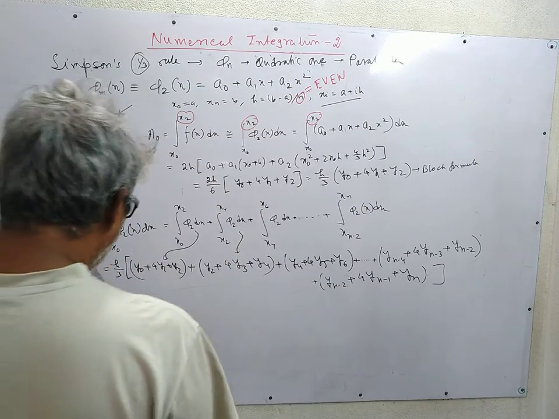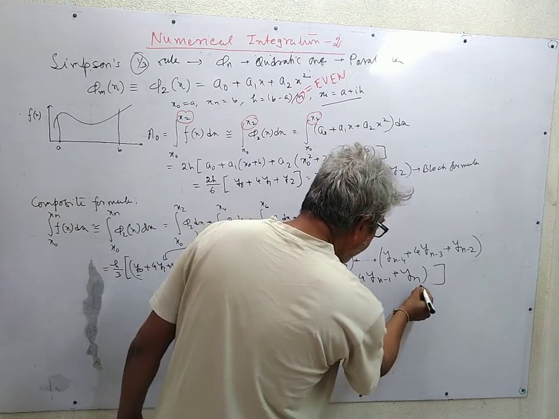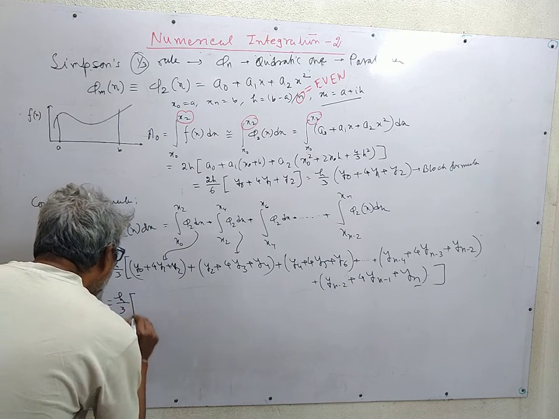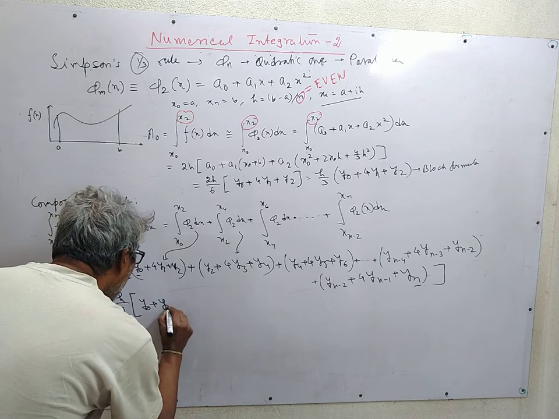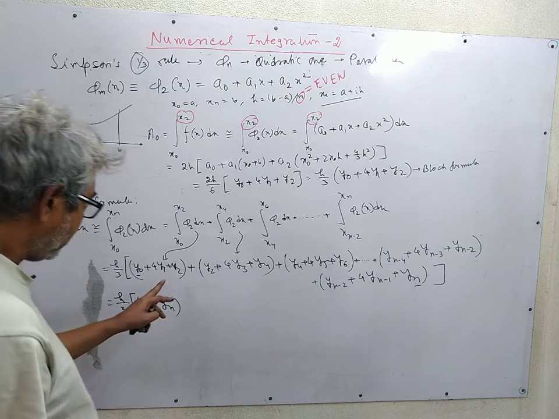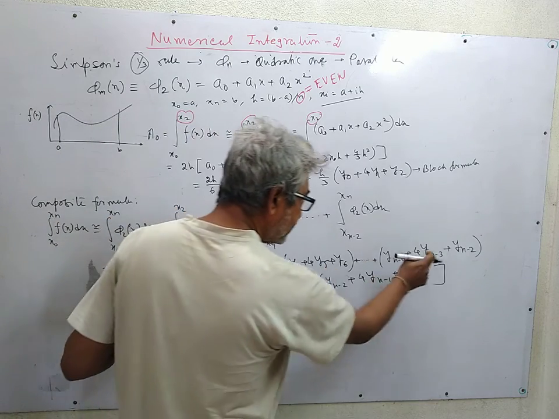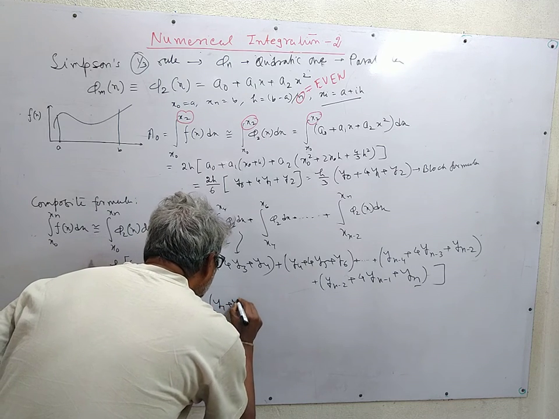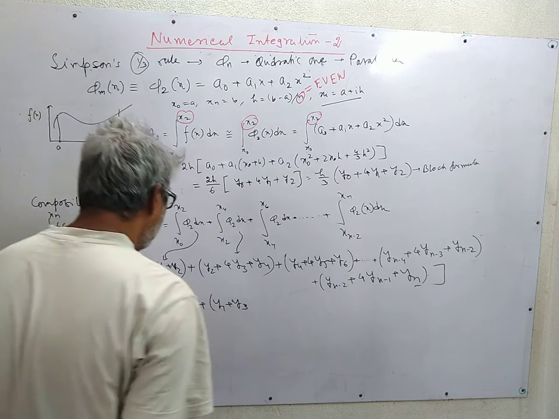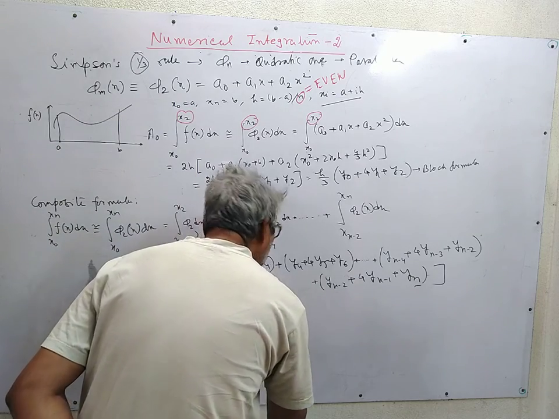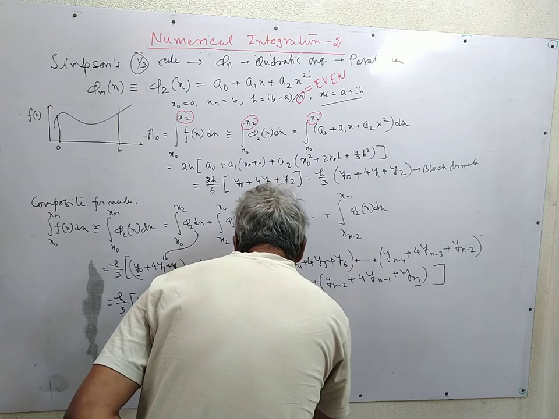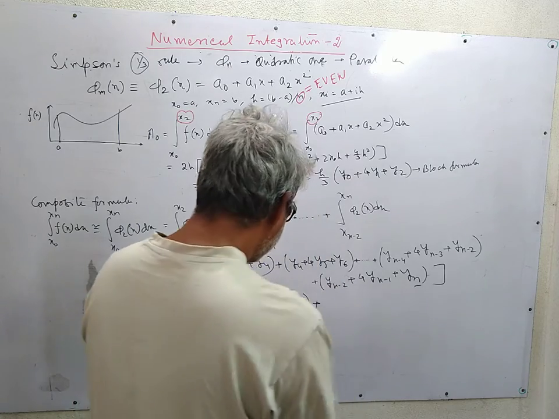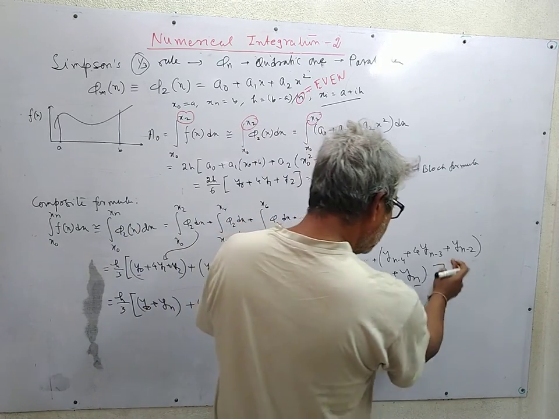So if we collect the terms, we see the first and last term appear once. So we have h by 3 times (y0 plus yn). Now the odd terms appear with weightage 4. So 4 times (y1, y3, right up to y(n minus 1)), plus the even terms having the weightage twice.